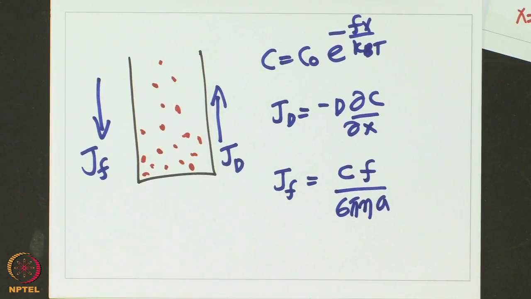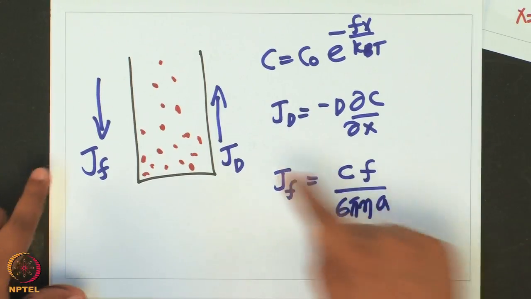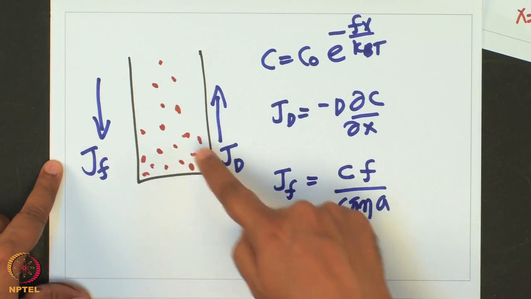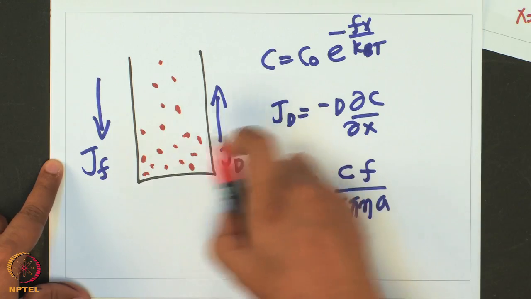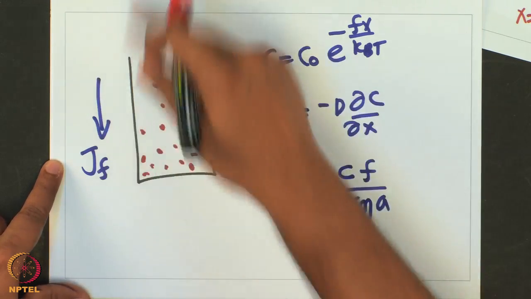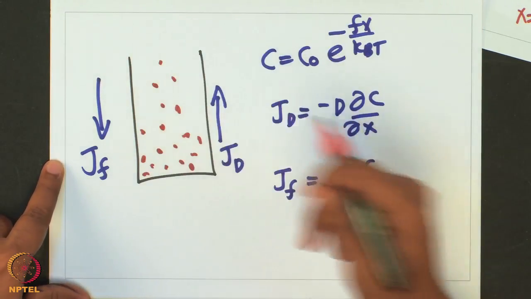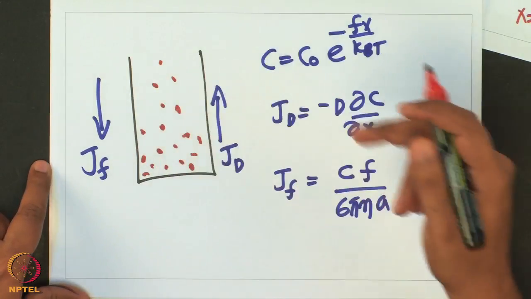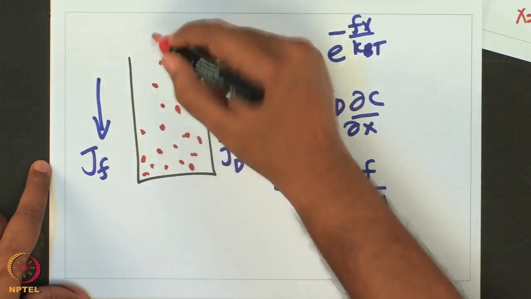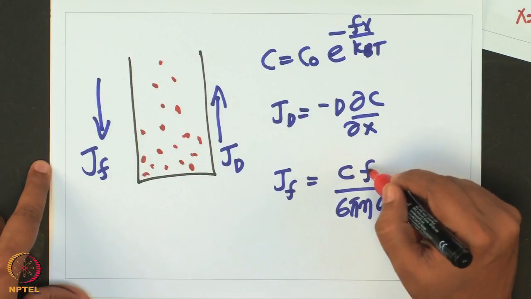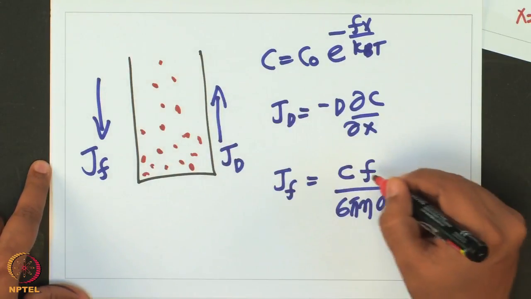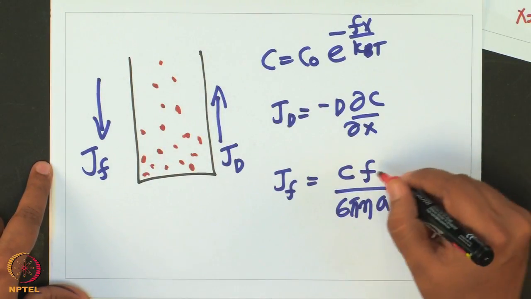So we know this. Now what one has to do is that when the system is in equilibrium, this flow will balance with this flow. That is, the directions are opposite, and their magnitudes are equal. So F will have a direction which is minus x cap.